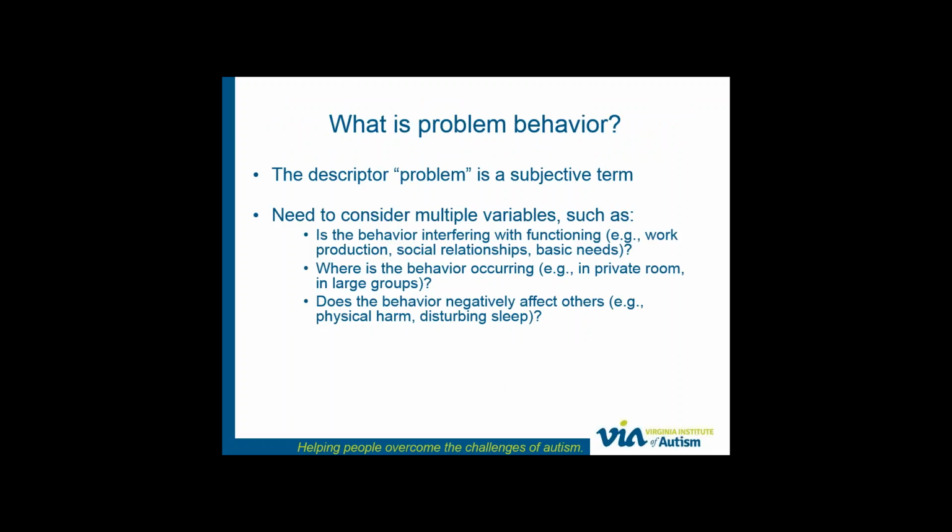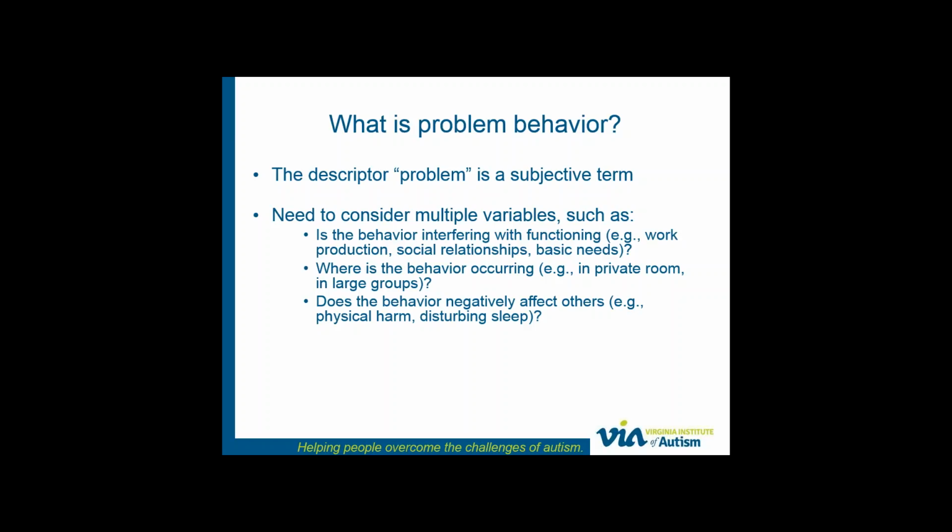So basically, problem behavior is very subjective. We can't just, because we see something, say, oh, it's problem behavior. We have to evaluate a little bit more deeply. So some of the things I look at to determine, is this behavior a problem, and does it warrant that we treat it? I put a few variables here that I look at to see, do we really need to treat this behavior?